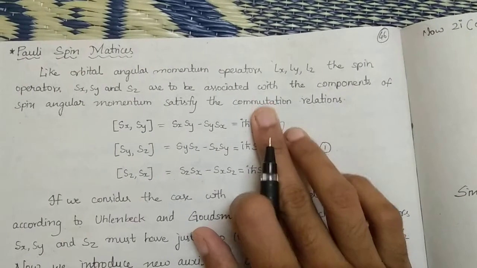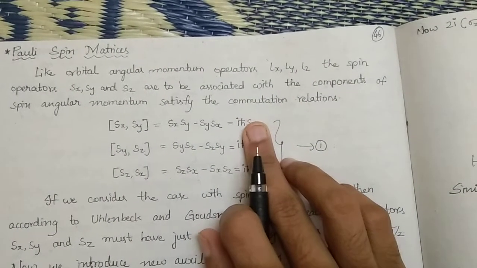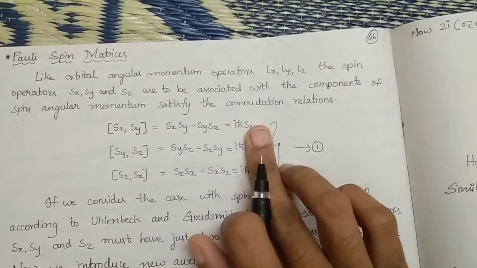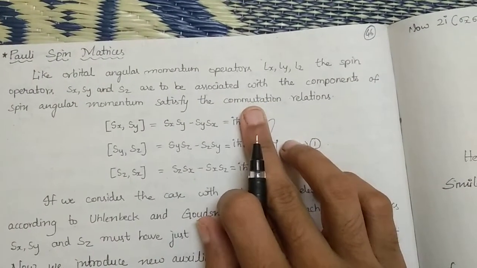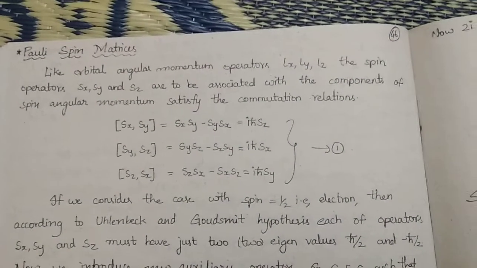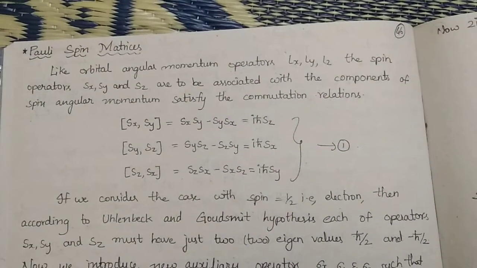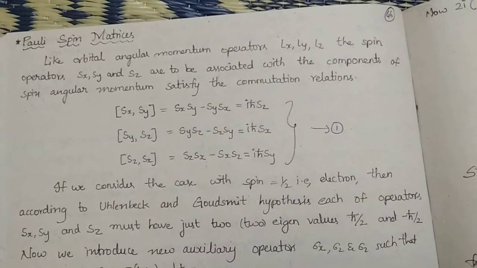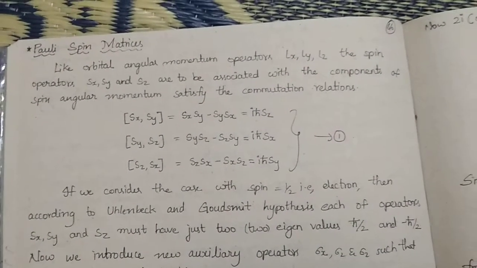Here Sz already has angular momentum dimensions, and h cut also has the dimensions of angular momentum, because delta x into delta p, based on the uncertainty principle, must be greater than or equal to h cut by 2.